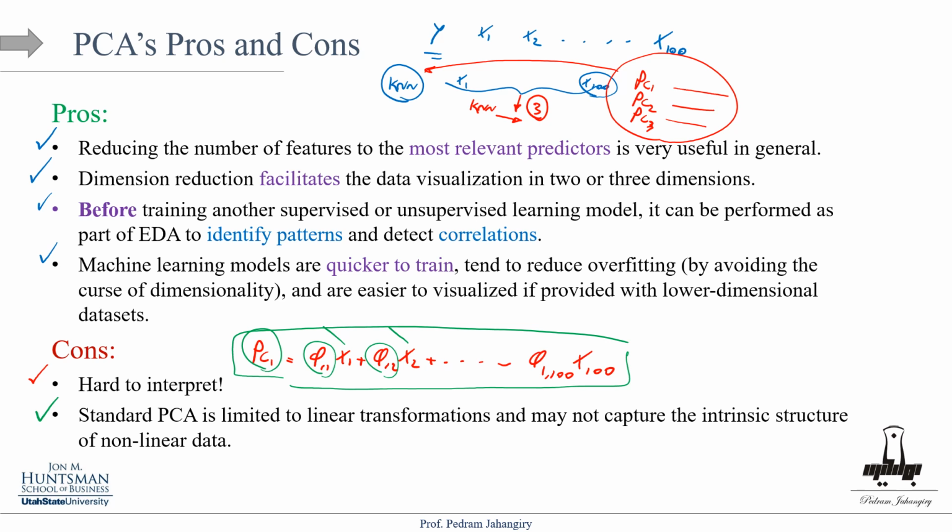If you apply a linear combination of a bunch of x's, it is still going to capture only the linear relationship. So the trick is that we have to go beyond standard linear PCA, and we will talk about something called Kernel PCA, which is going to solve that. It looks at the nonlinear relationships between the x's and works with the extracted version of those instead of the linear version. Okay.